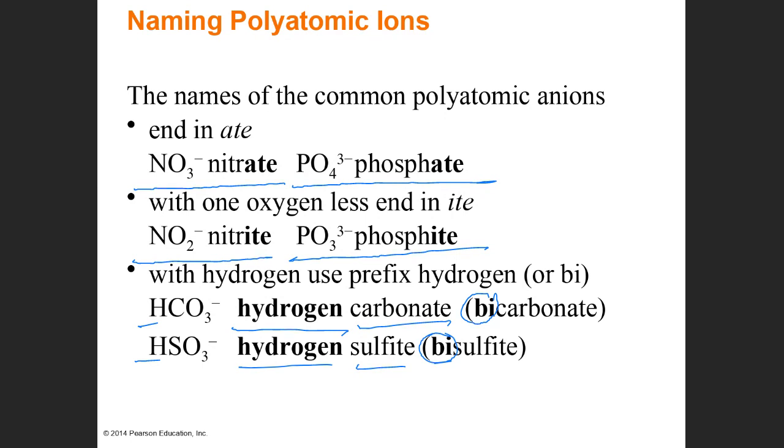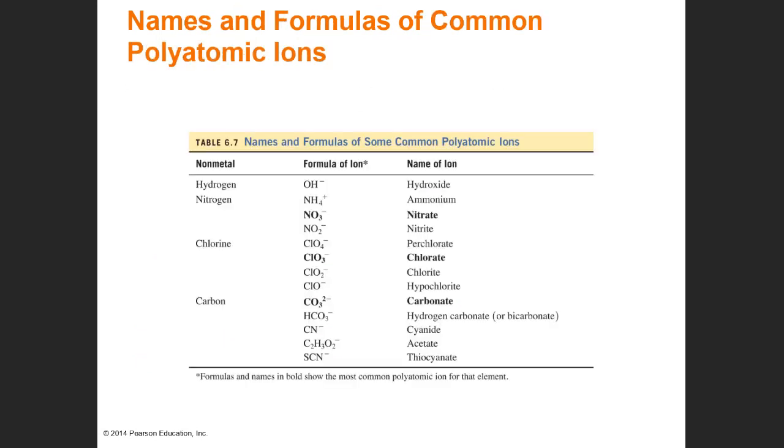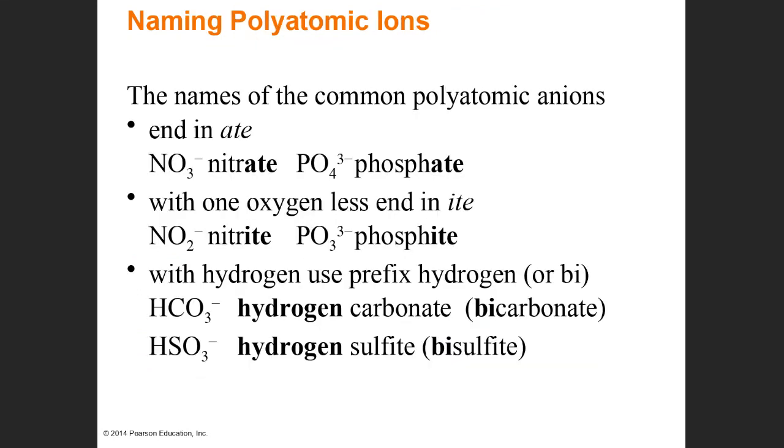I know I'm showing a lot of rules at you. You don't need to memorize these. I'm just showing you examples. So hydrogen is a synonym for bi? Yeah, in this particular instance, when you're talking about polyatomic ions.